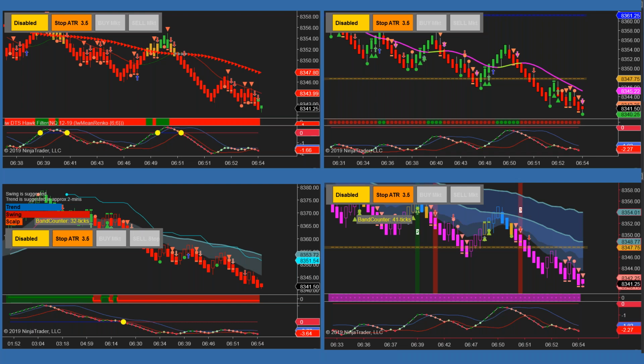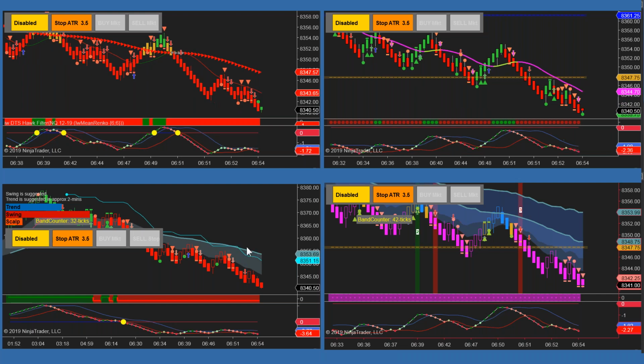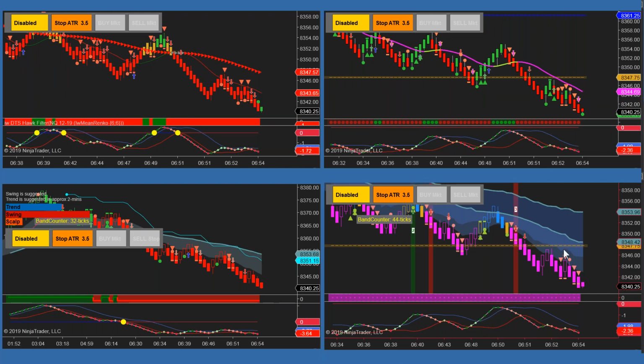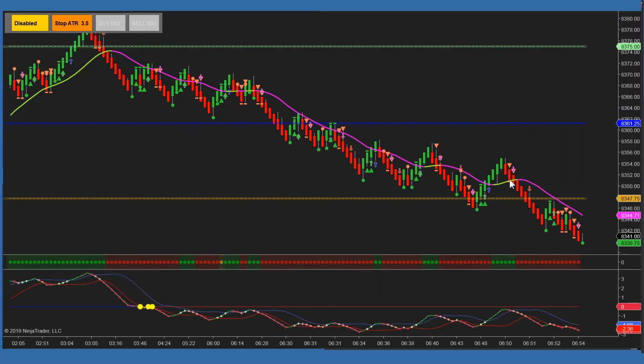Well, I guess the trend does look as though it is down again. We've got one of these discretionary signals. We've got a trend change signal here on the Falcon. So the trend line going from green to red, here's your trend change signal right here.